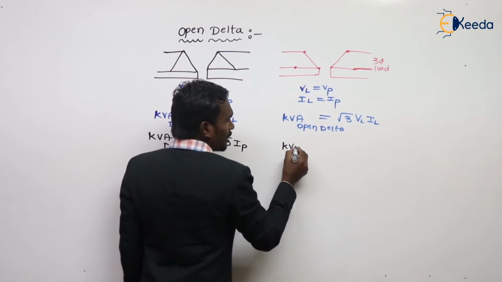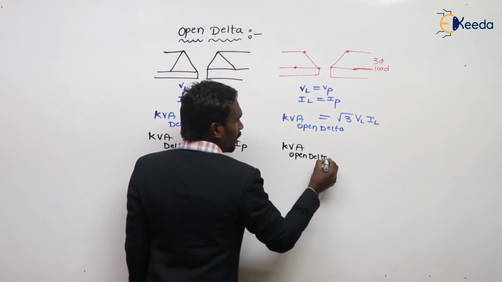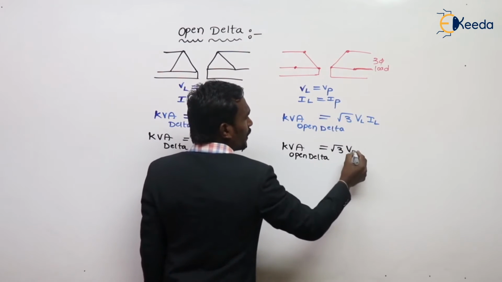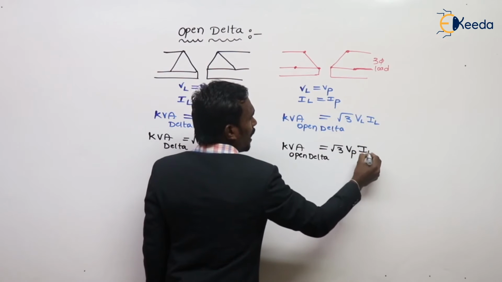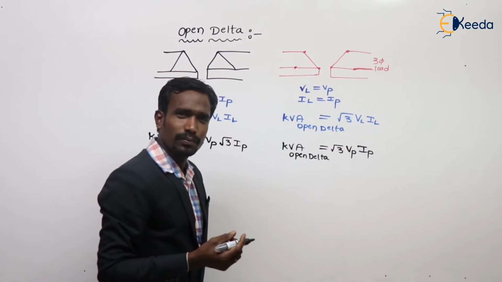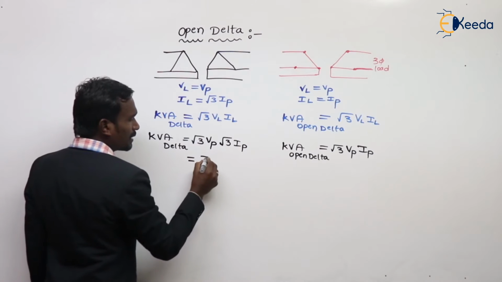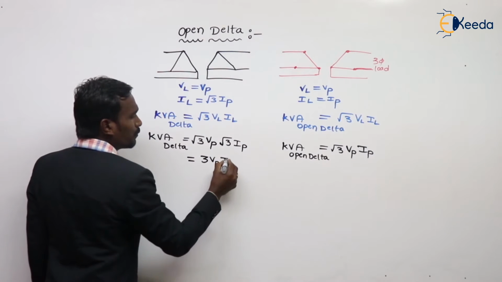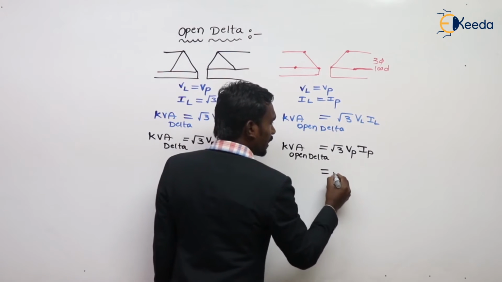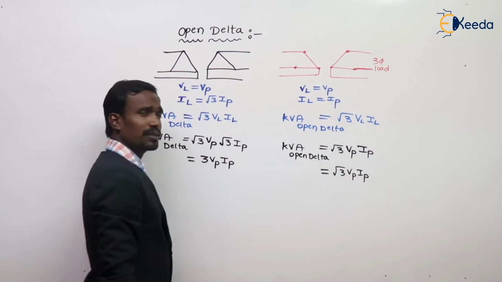And the kVA rating of open delta is equal to root 3 times VL, which equals V phase, and IL equals I phase. So the kVA rating of delta is equal to 3 times Vp and Ip, but the kVA rating of open delta is only root 3 times V phase I phase.